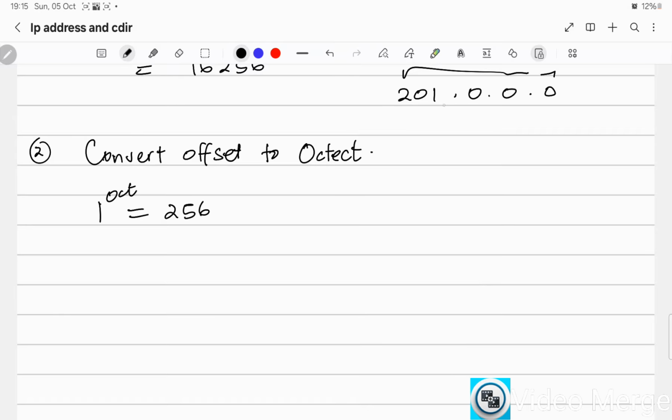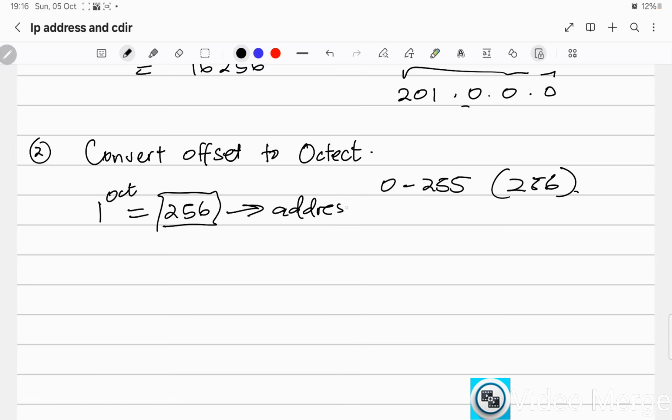Each and every octet takes a value from 0 to 255. That is 256 values. Do you understand that? 1 octet is equal to 256 addresses, not values, addresses.